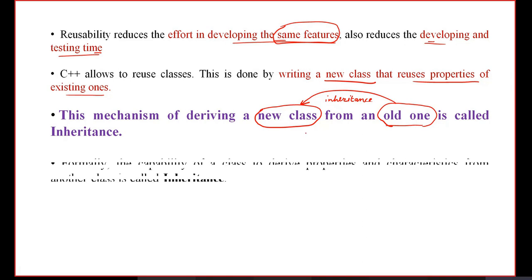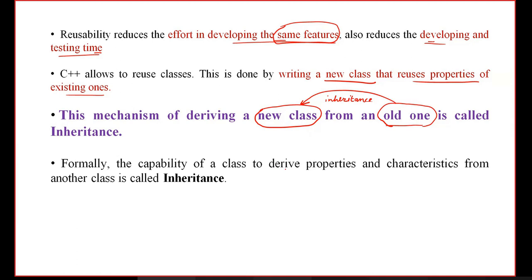Okay. So formally, we can say that the capability of a class to derive the properties and characteristics from another class is called as inheritance. Okay.